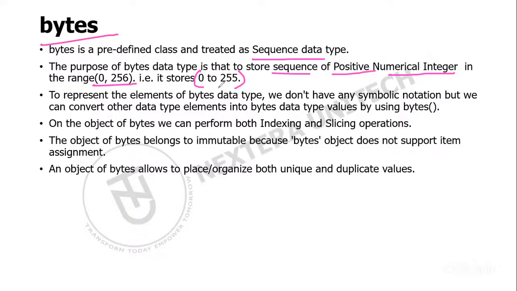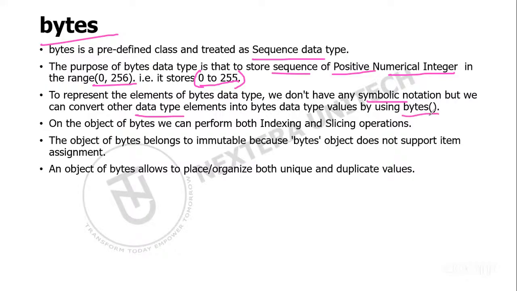Only numbers between 0 to 255 can be stored. You can store multiple numbers as a sequence. And there is no actual symbolic notation for bytes. But whenever you want to convert other data type objects into bytes, we use the bytes function.